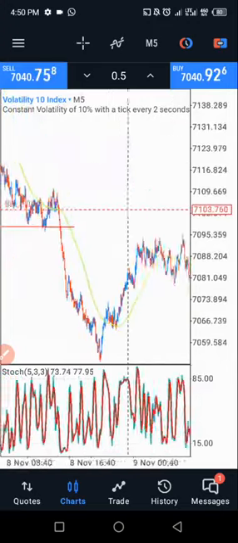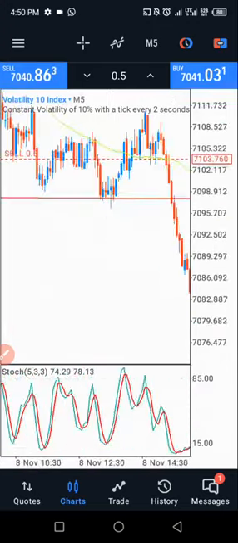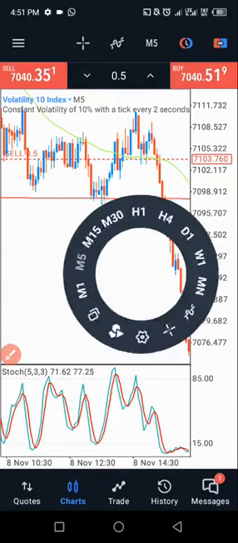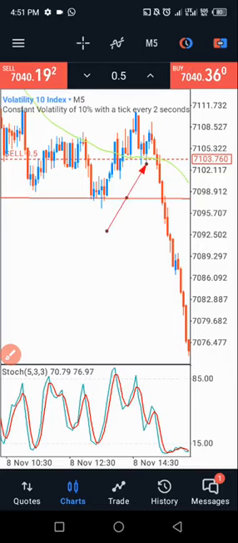Okay, so on the 5 minute time frame, that was after the head and shoulder pattern was formed. This was the first shoulder, this was the head, and then this was the second shoulder. So remember, I wanted to see price taking out the low of the second shoulder, right, which price did. So once price took out that low here, you will notice that price had already crossed the 50 moving average.